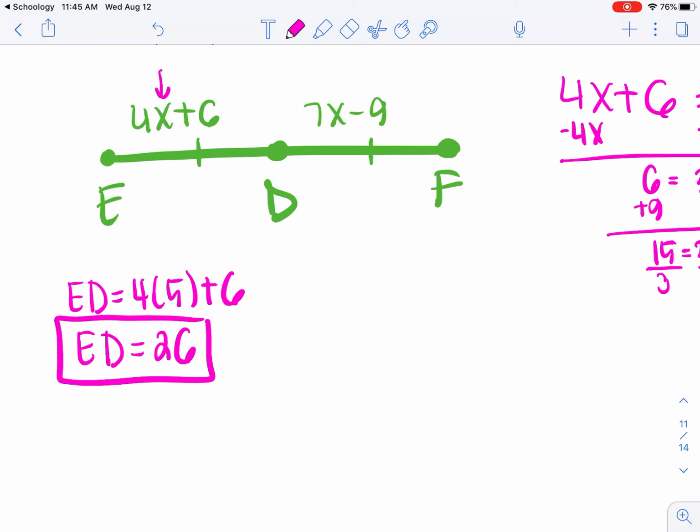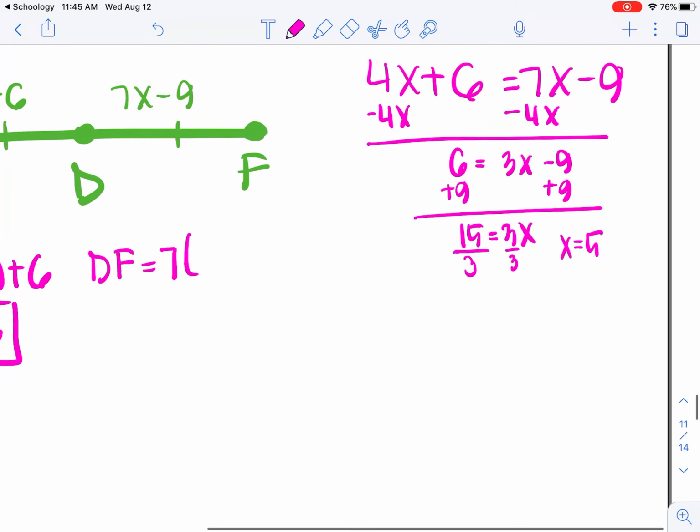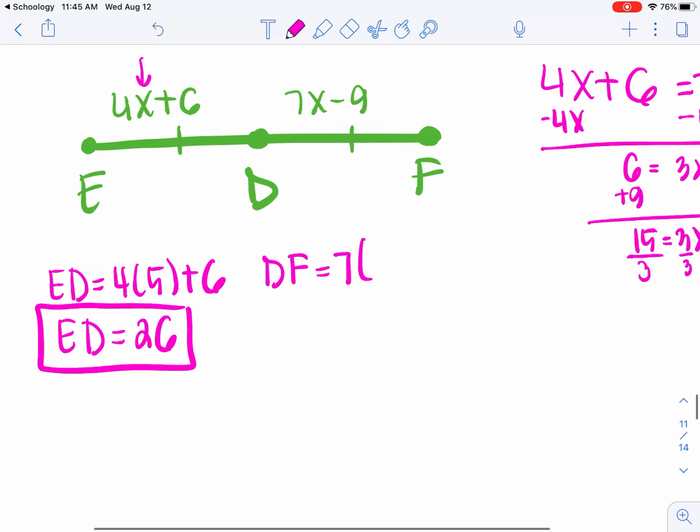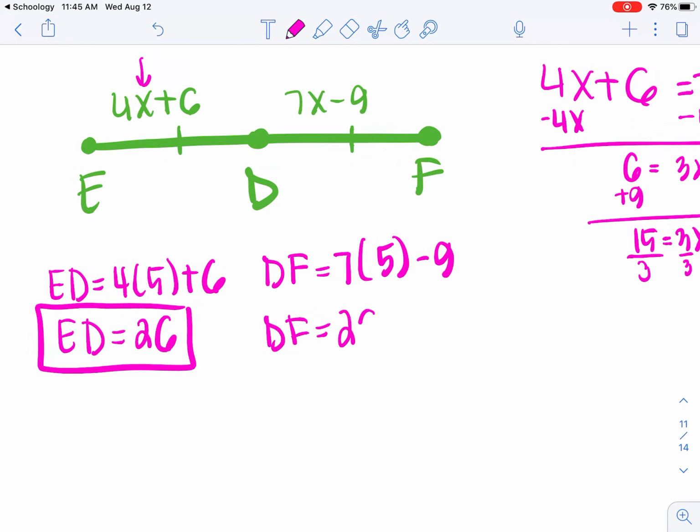It should be, but I want to check by plugging in 5. If I don't get 26, that means I made an algebra mistake. So don't just say, oh yeah, I know it is. It should be, but did you do it right is the real question. 7 times 5 minus 9. So 35 minus 9, 26. So now I know I did my algebra right.